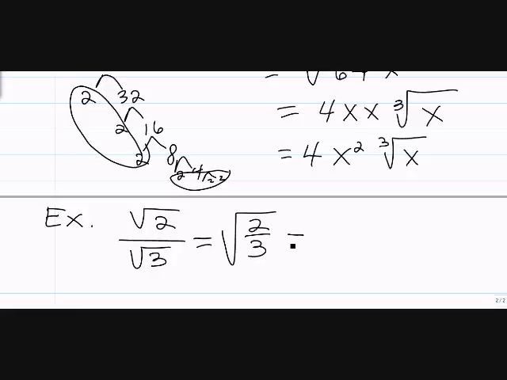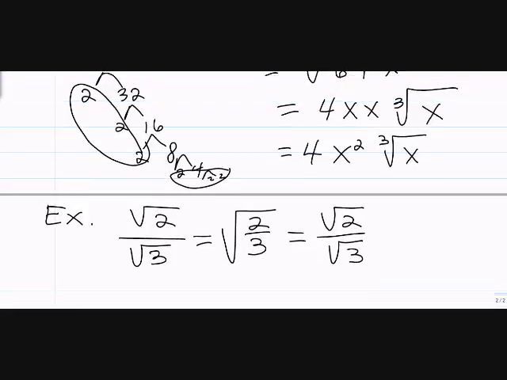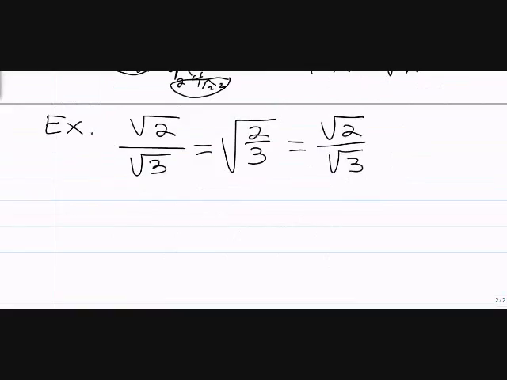So now I'm going to back out and do the square root of 2 divided by the square root of 3. First I check if it's simplified, then I go back and I separate the fraction again. I'm almost done, except I cannot leave the denominator of a fraction with a square root or a cube root with any kind of radical in it.